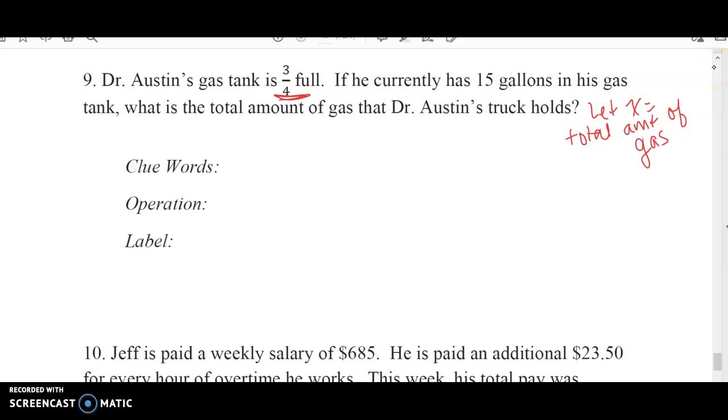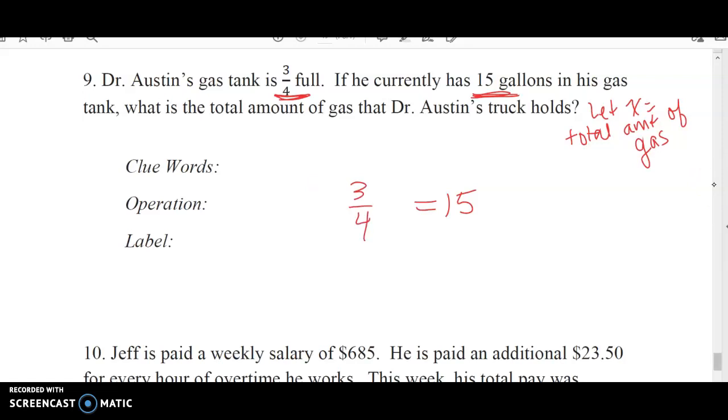I want you to think about his tank. It's 3/4 of the tank is full. We know 3/4 of the tank is the same thing as 15 gallons of gas because it currently has 15 gallons of gas. So 15 gallons of gas is the same thing as 3/4 of his full tank.